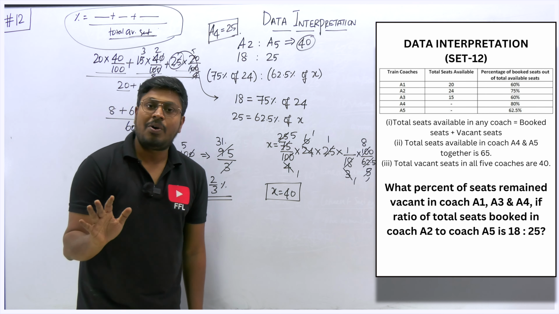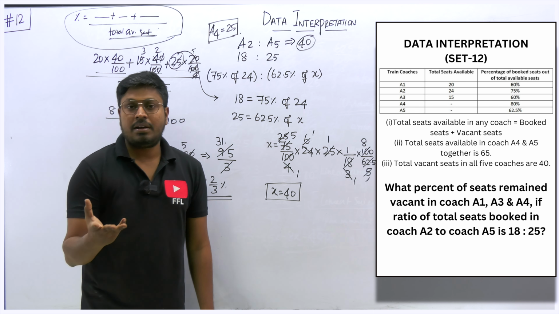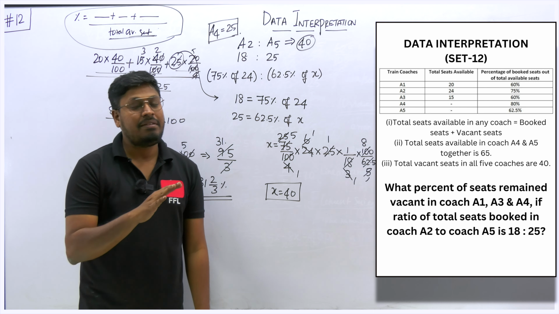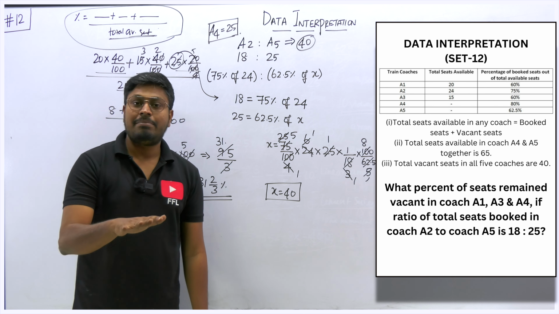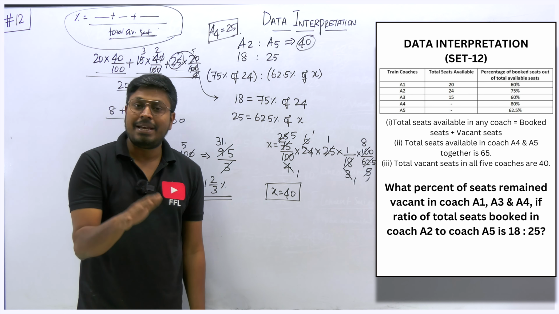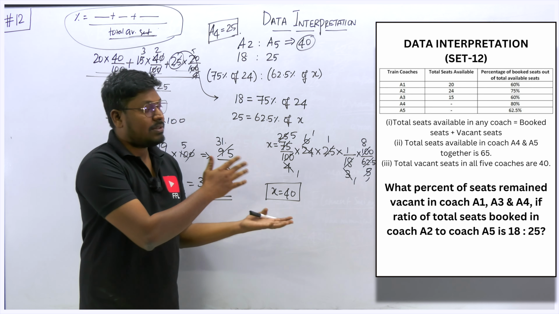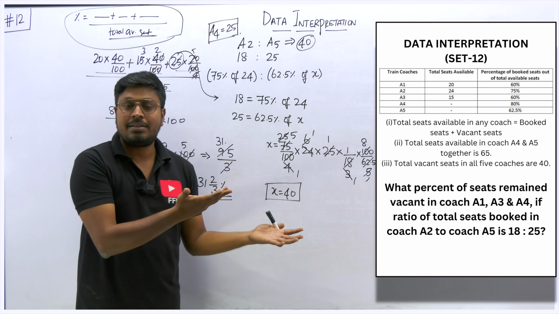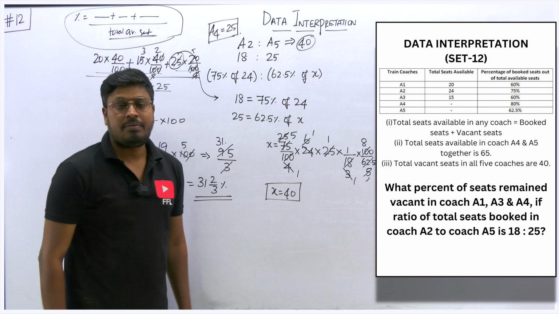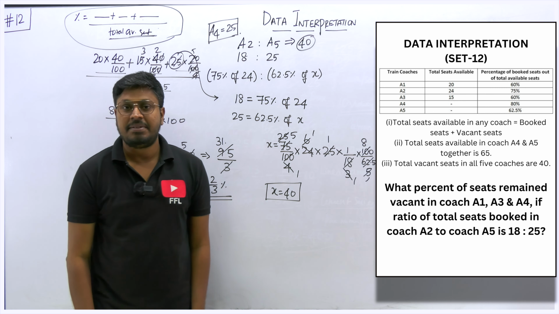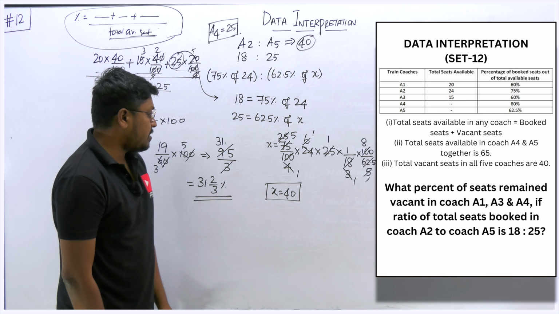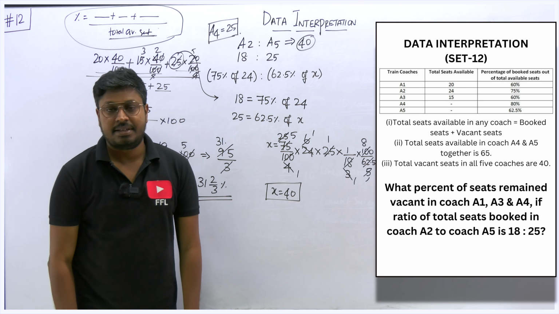When you are not strong on the basics, then solving a question in the mains exam is very, very difficult. So be strong on the basics, keep learning the basics strongly. Once you are strong in the basics, if you start solving these kinds of questions, you will automatically feel it is easy. So the answer for question number 2 will be 31 and 2 by 3 percentage.